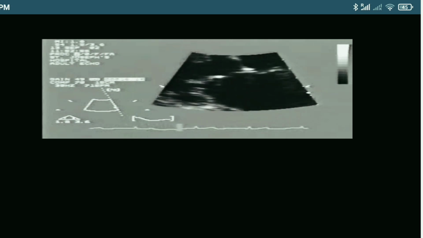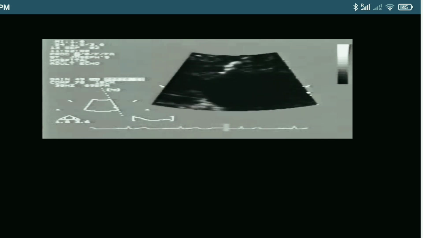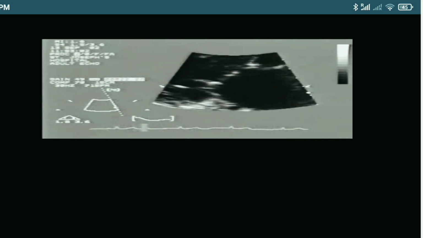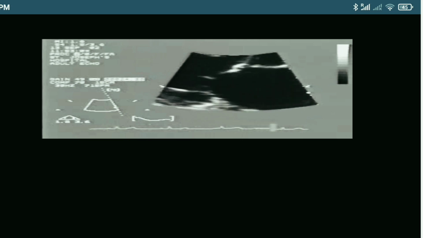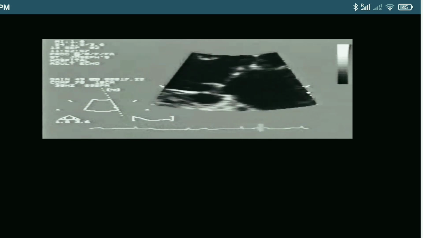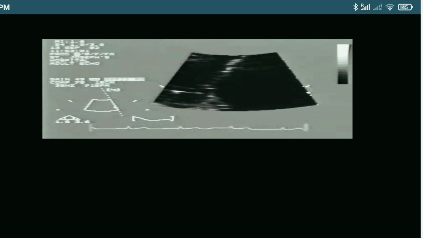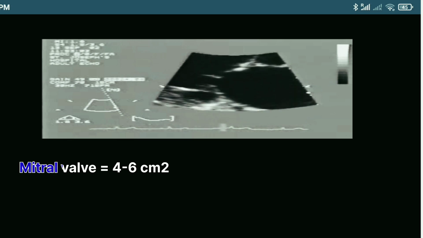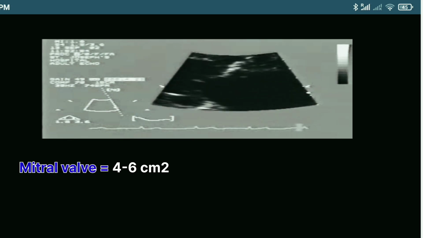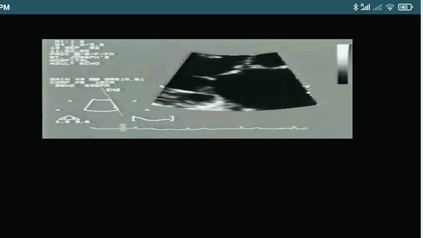So whenever the surface area of the mitral valve reduces, we can say that this is mitral stenosis. The normal size of the mitral valve is approximately 4 to 6 centimeters squared. If the size of the mitral valve reduces, then we can say that this is stenosis.